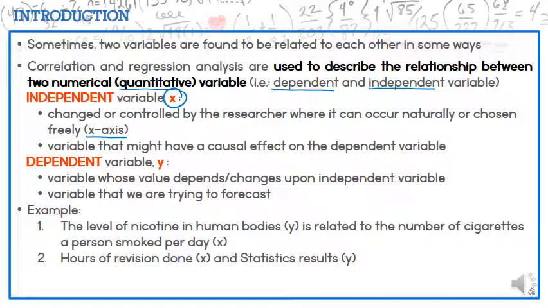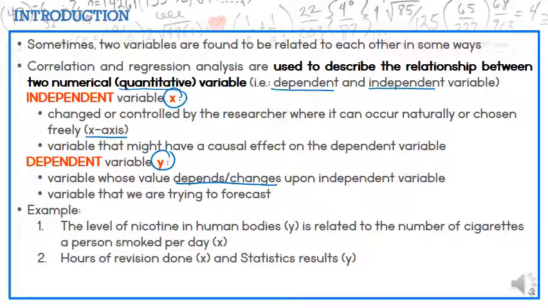So independent variable yang akan memberi kesan kepada your dependent variable. Dependent variable Y is a variable whose value depends on or changes upon the independent variable. It's a variable that we are trying to forecast.